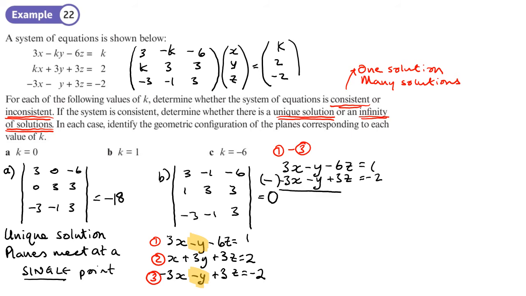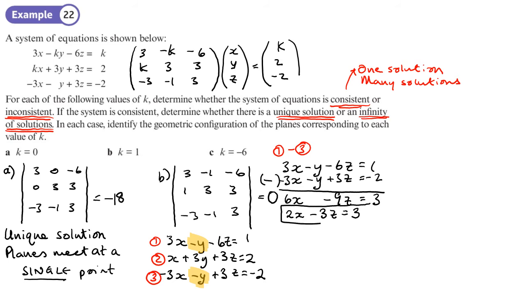So that will be 3 plus 3 is 6x, the y will disappear, then I'll have minus 9z equals 2. Let me simplify that by dividing everything by 3, and I get 2x minus 3z equals 3. So that's my first equation.